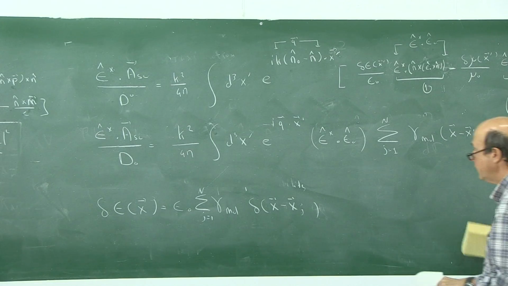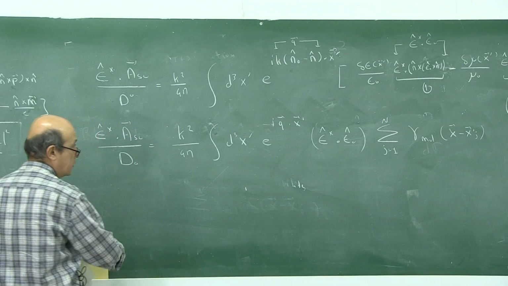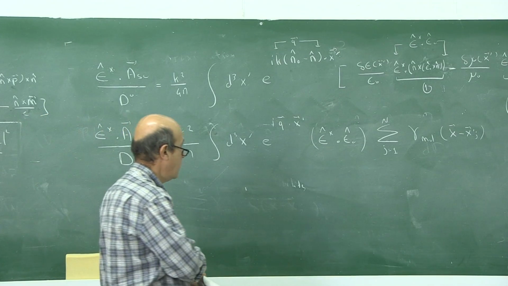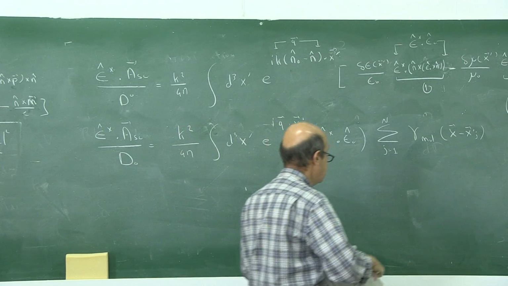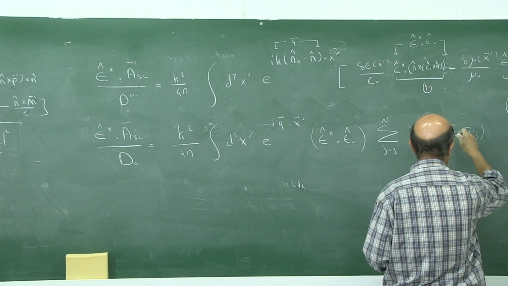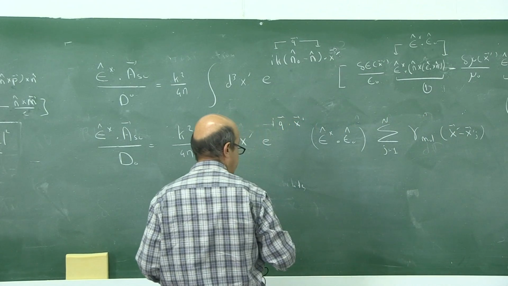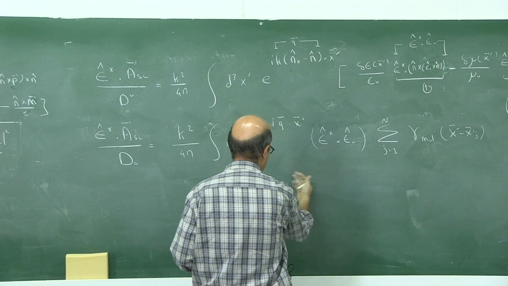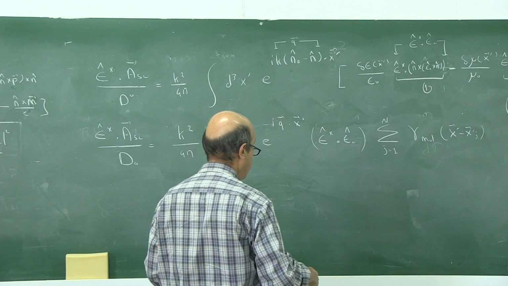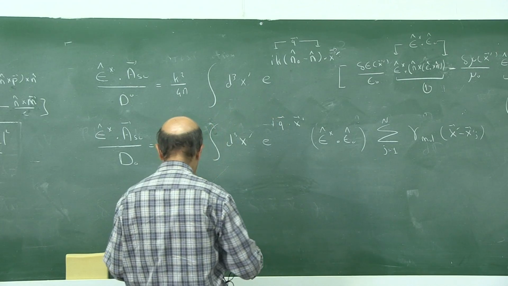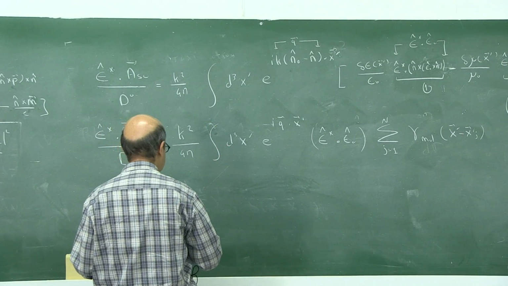So if we take the integral, what are we going to obtain? Let us say not x minus x prime, but x prime minus x. If you take the integral over x prime, you will substitute xj, and your result will be the following.